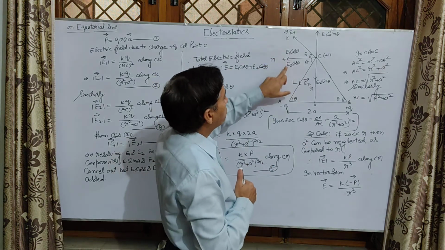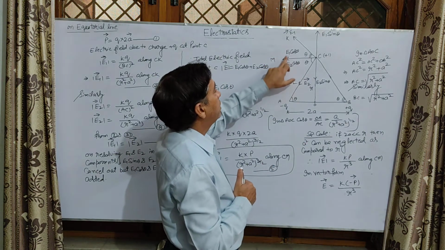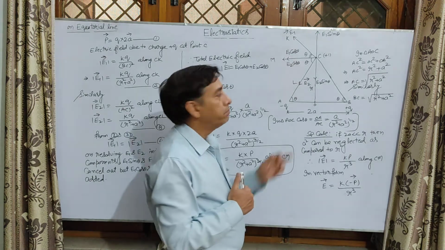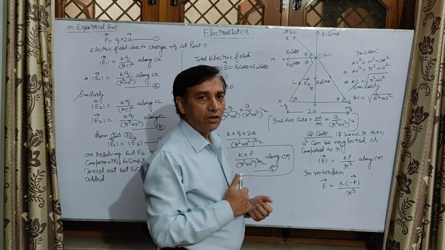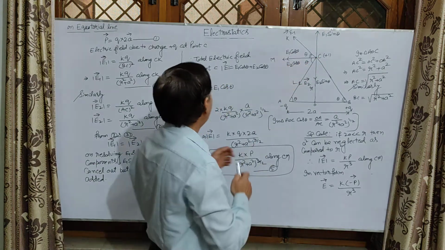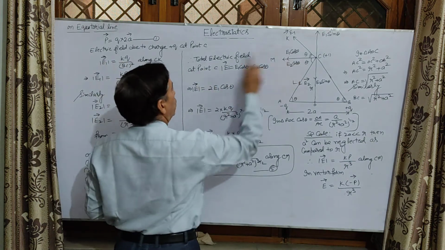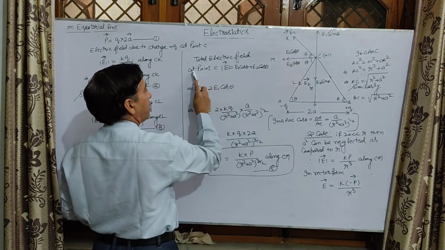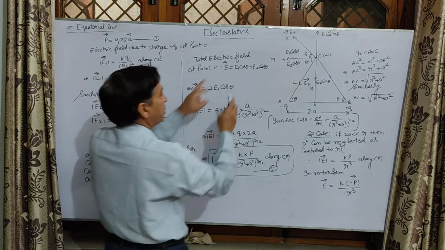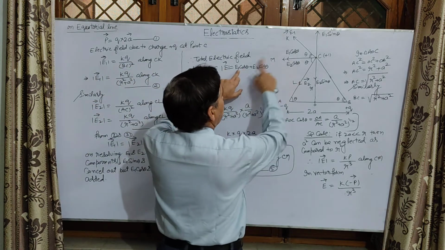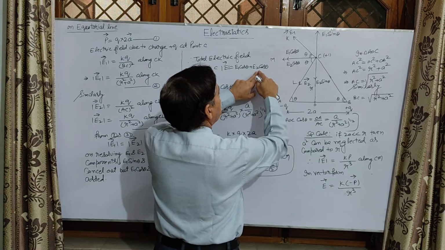But E1 cos theta and E2 cos theta must be added because they are acting in the same direction. So therefore, total electric field at point C, E equals E1 cos theta plus E2 cos theta.